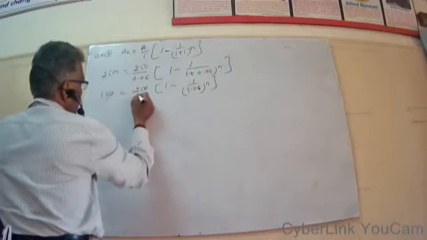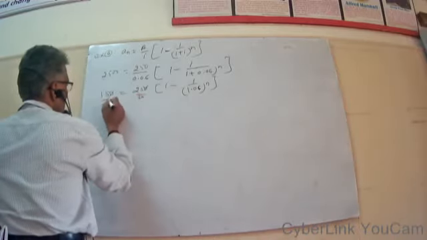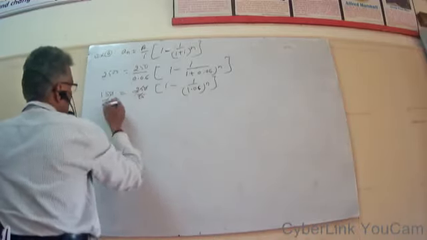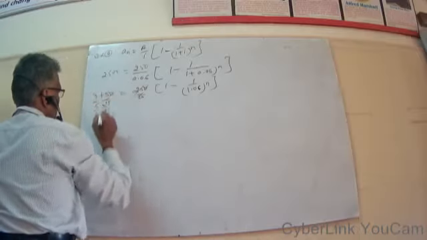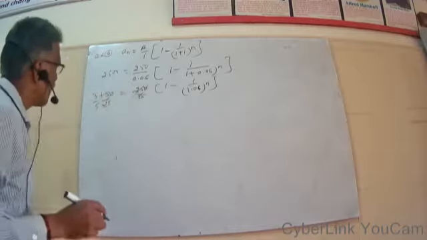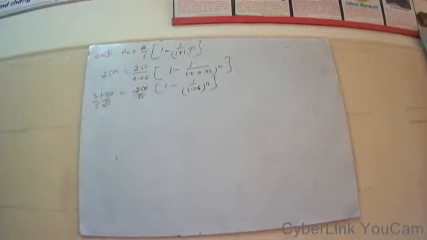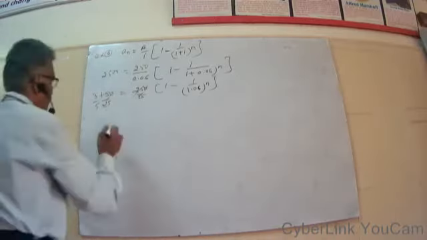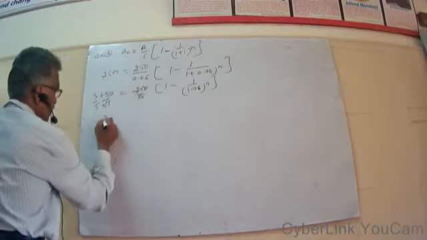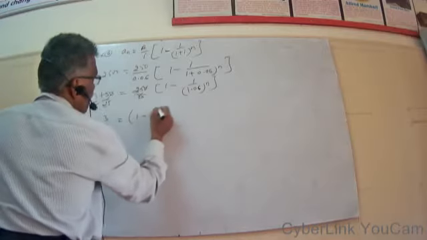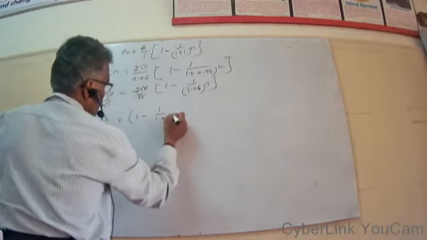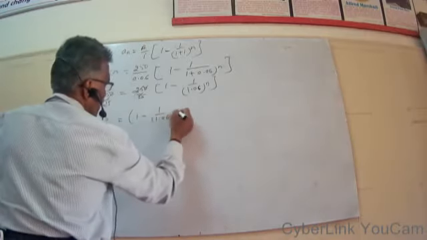Here also I can do the 25, here also 25. So this cancels, and here this becomes 3 by 5. Or directly I can write 3 by 5 equals 1 minus 1 upon 1.06 raised to n.